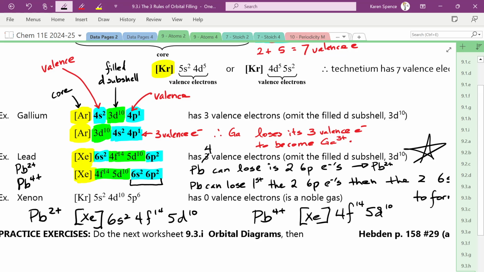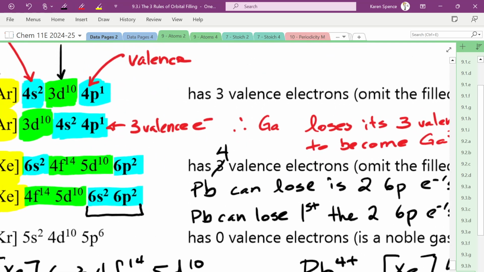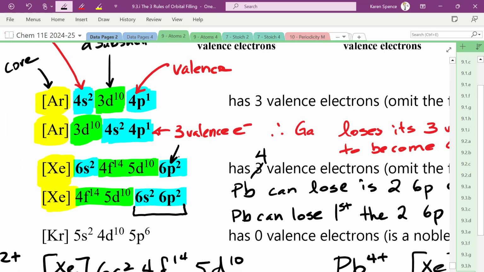PSD. So you need to remove the p's first, then remove the s's, and only once all the p's and the s's are gone would you ever remove a d.